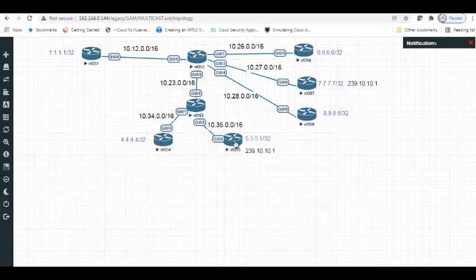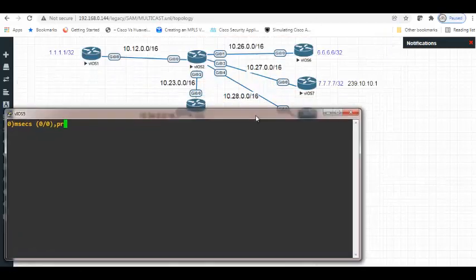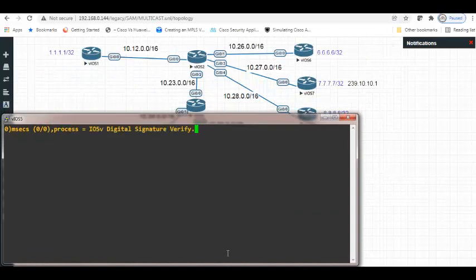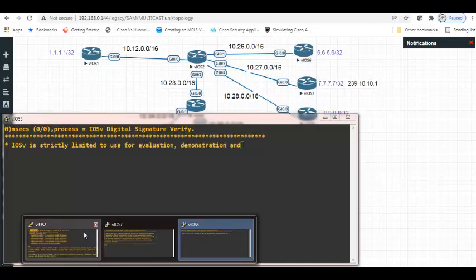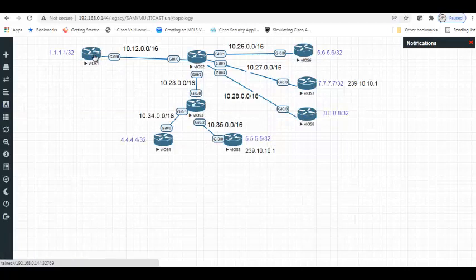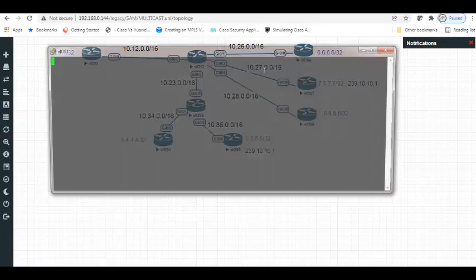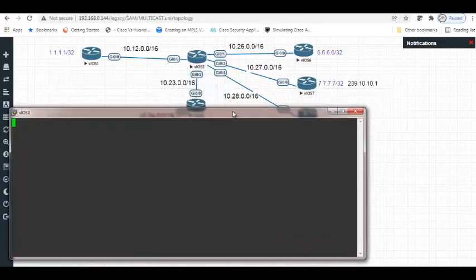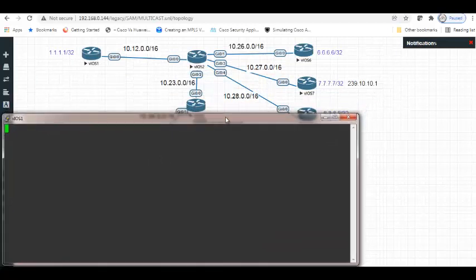Let me also parallelly open router 5. And also I'll open router 1 from where we are going to ping and test. You can ping from anywhere. I'm just keeping one router as the multicast source.